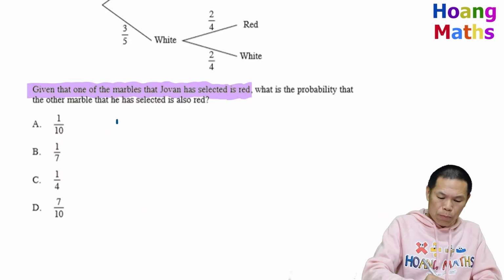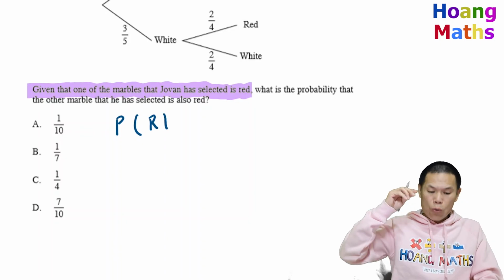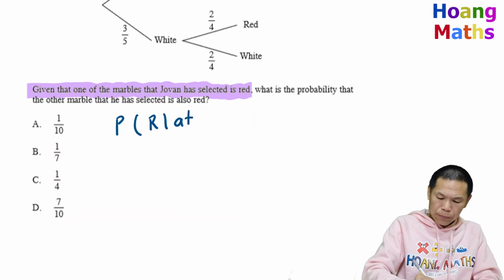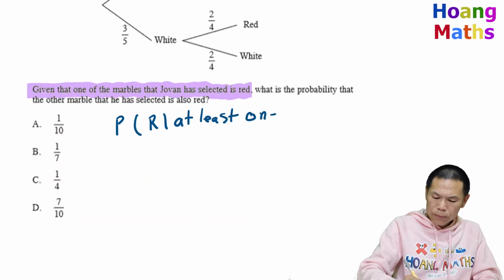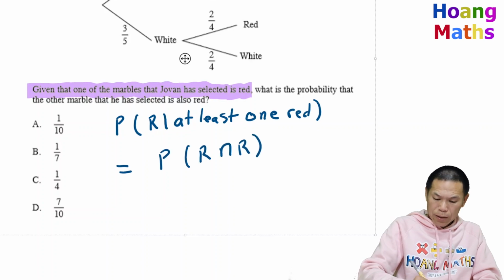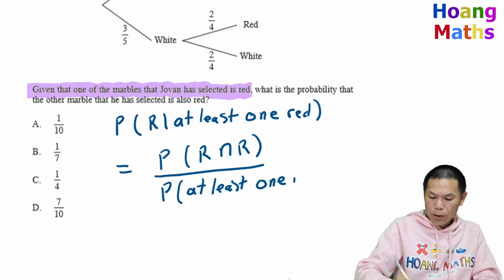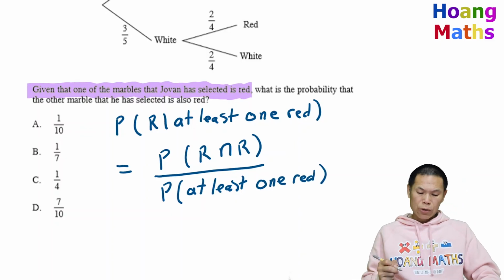So probability of red, given that at least one of them is red, is equal to probability of red and red over probability of at least one red. So there you go.